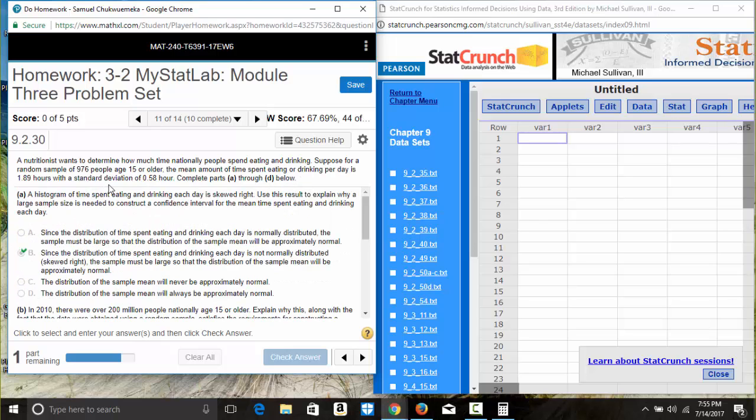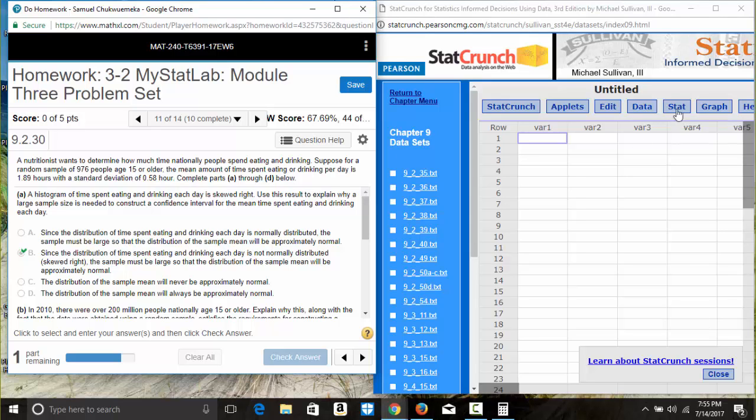They gave us the sample mean, 1.89, and the sample standard deviation. If they give you the sample standard deviation, you use T stats. If they give you the population standard deviation, you use Z stats.